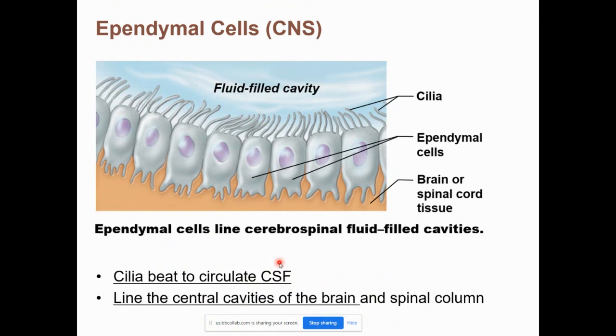You may have covered ventricles and cerebrospinal fluid in lab already, or you may have not. But regardless, we get more into cerebrospinal fluid. That's what CSF is here next chapter. But for now, match the ependymal cells to being able to circulate that fluid around the central nervous system.